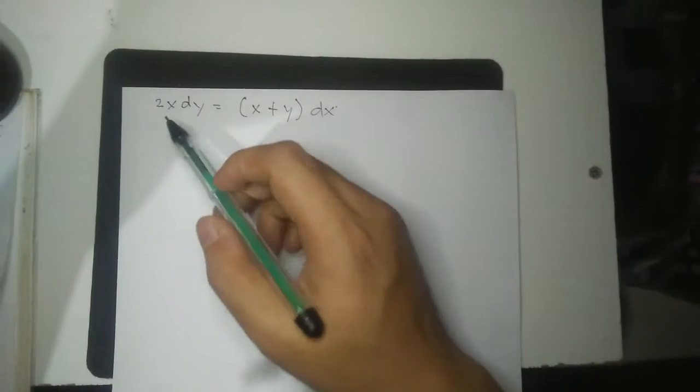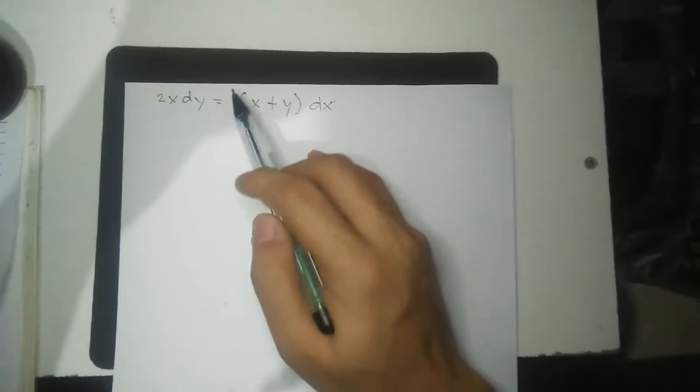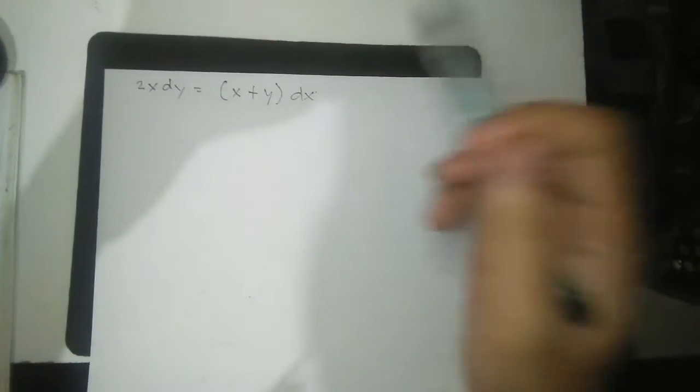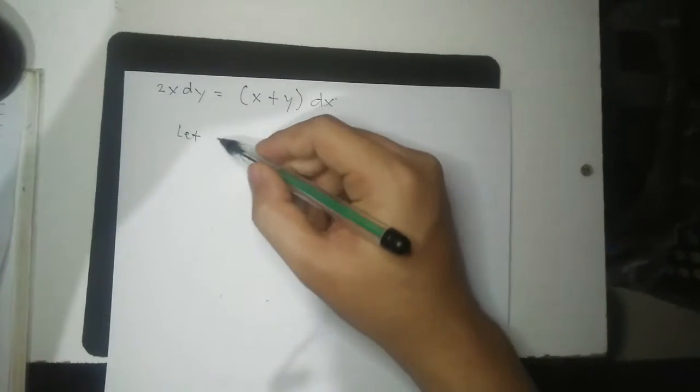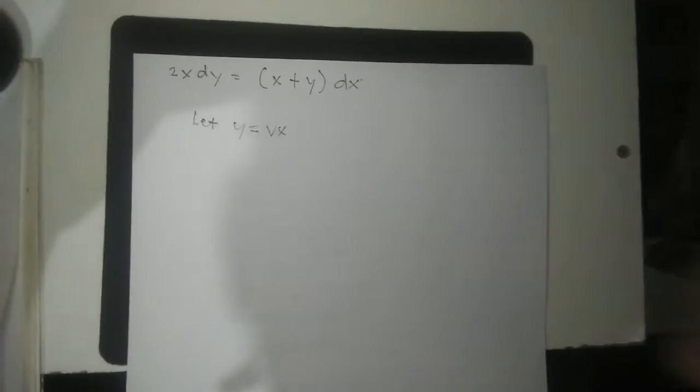For our example number 1, 2x dy equals (x plus y) dx. As you can see, it is already in the form M dx plus N dy, so we let y equals vx.